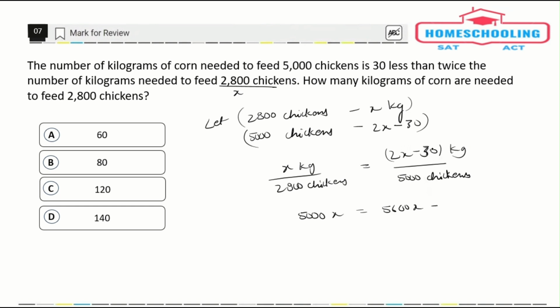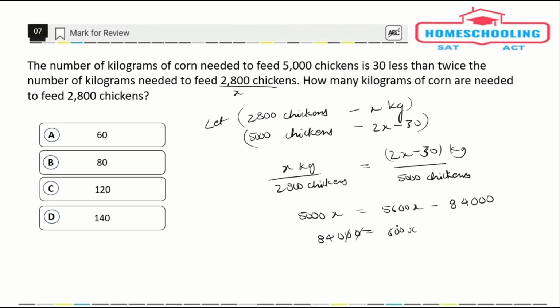minus 30 times 2,800, that would be 84,000. So we will take 5,000x on that side. So 5,600x minus 5,000x would be 600x equals 84,000.